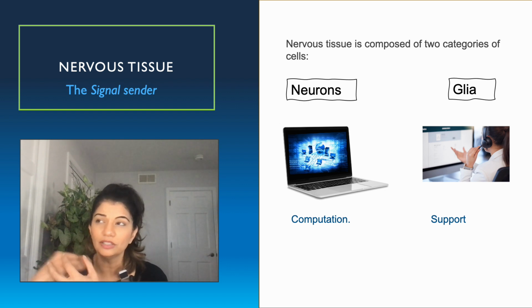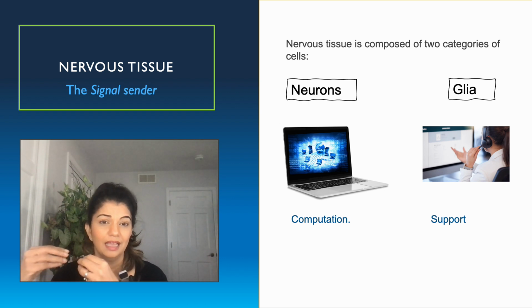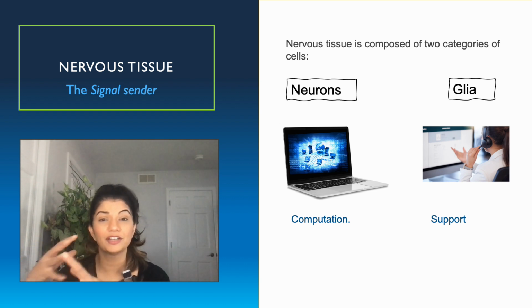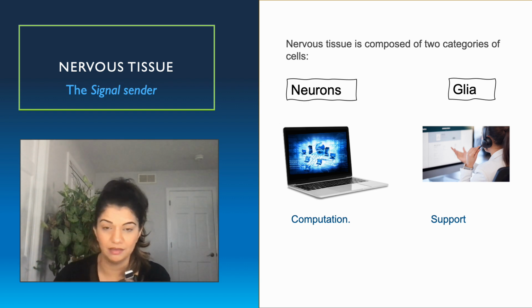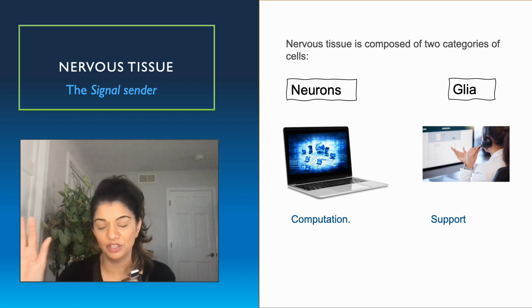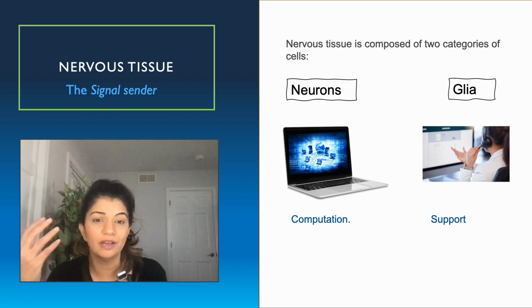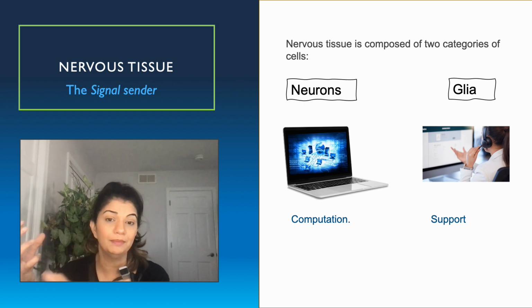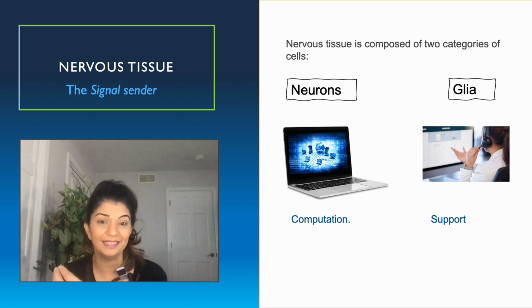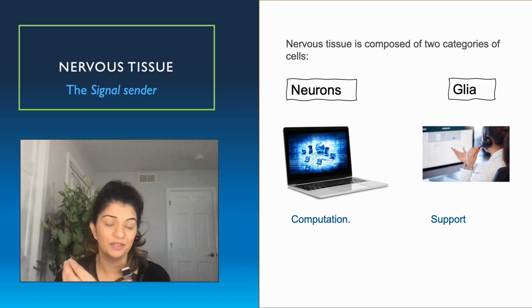And basically there's a lot of research going on that says glial cells are not just for support, but they actually may play a huge role in signaling. However, there's more extensive research that needs to be done on that. However, what we do know is that neurons are the core, the key players here. But without glial support, they would not be able to function.